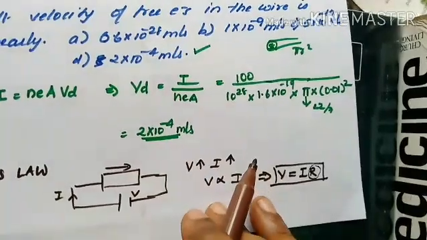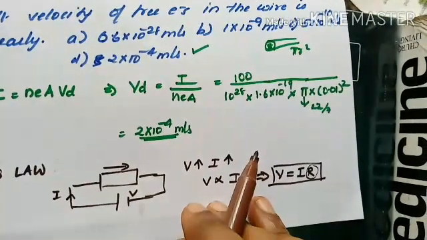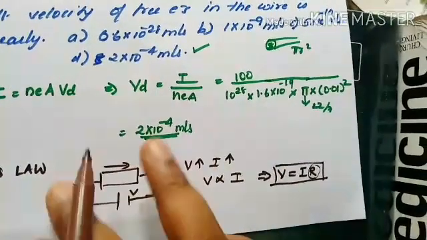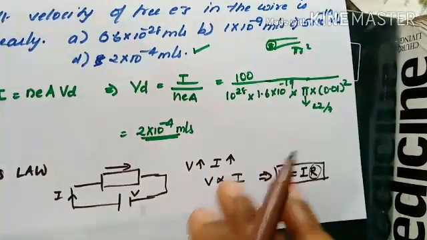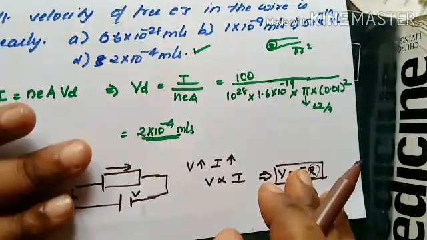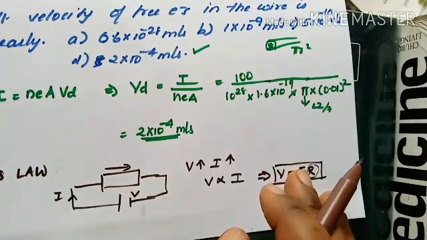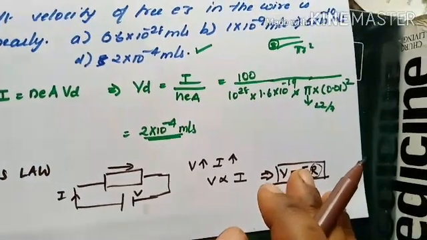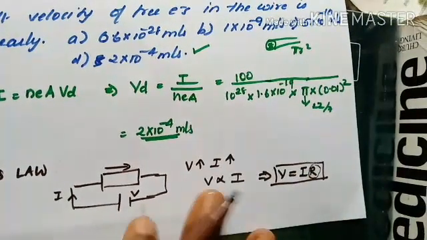This law is generally taken as universal, but there are some conditions where it is not universal. So where are those conditions? We'll go for it. The next subtopic is limitations of Ohm's law. I'm not going to write it as a heading, guys. You can write it by yourself.